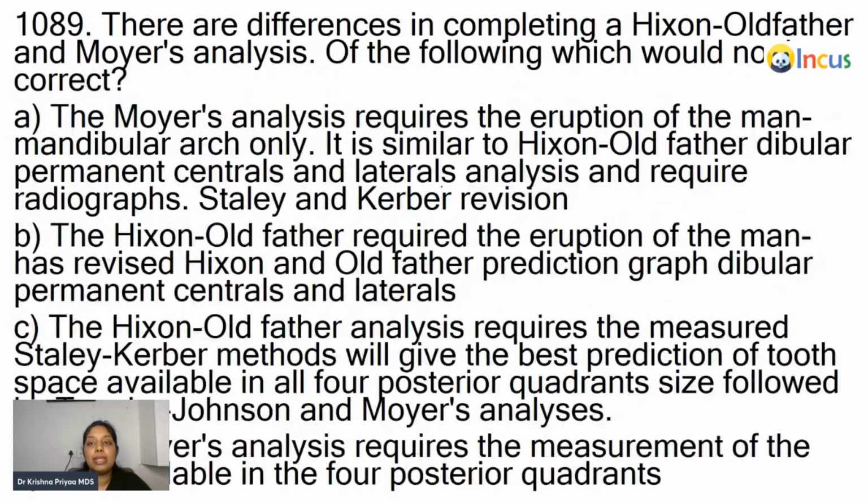In comparing Hixon Oldfather and Moyer's analysis, which of the following would not be correct? So read the question carefully, which would not be correct. Moyer's analysis requires the eruption of the mandibular arch only.